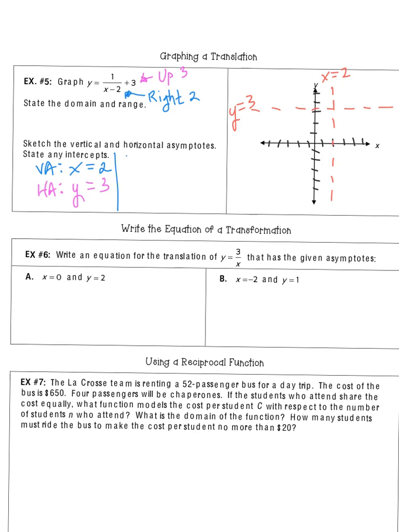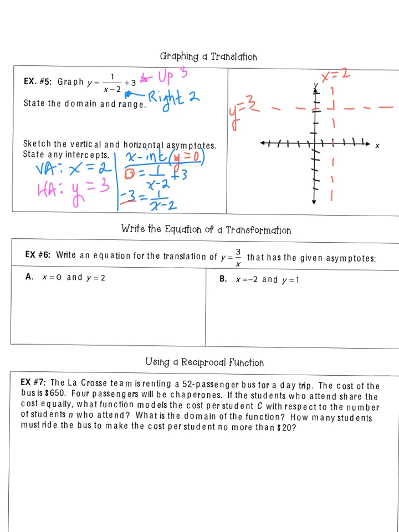So x-intercept, remember that y is equal to 0. So I'm going to let y equal 0 in the equation. So 0 equals 1 over x minus 2, plus 3. So to find the x-intercept, I'm going to subtract 3. So I get negative 3 equals 1 over x minus 2.